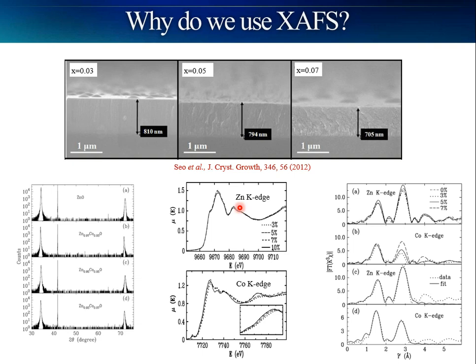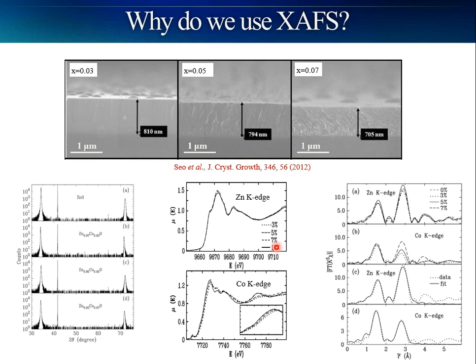It is important to identify the distribution of cobalt in the films because the cobalt atom plays a role in the magnetic properties. However, the amount of cobalt in the film is very tiny, 3, 5, 7, 10%.